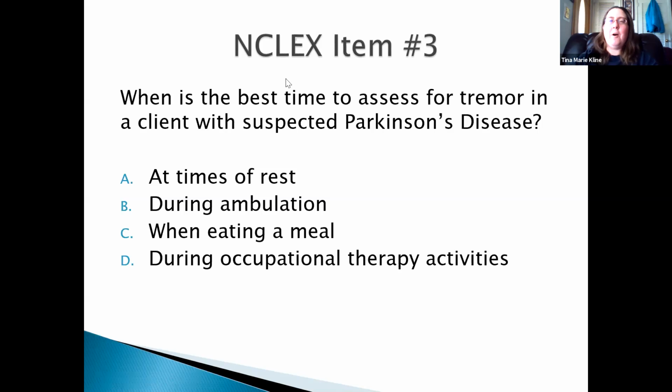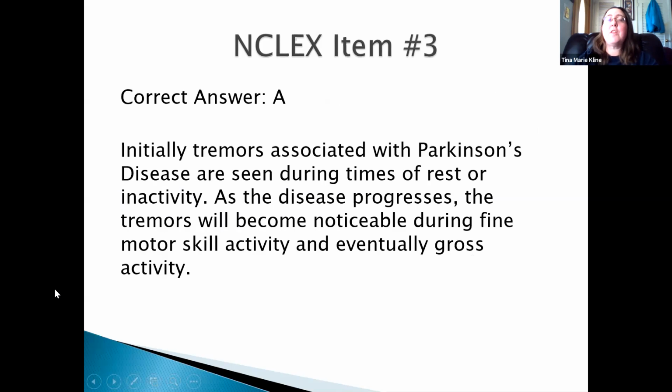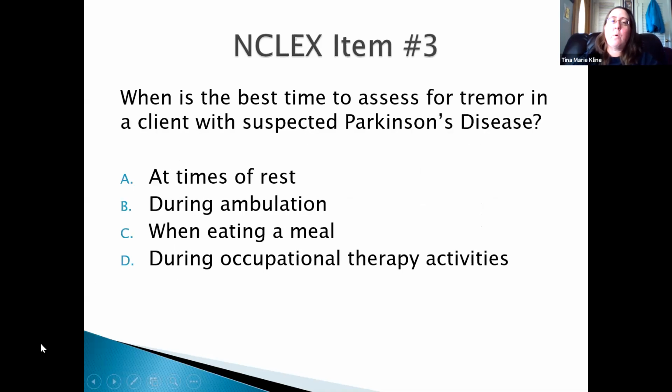Only a few brave souls are putting into the chat box. I see a lot of A's there. All right, so A is actually the correct answer. Initially, the tremors are going to be very mild, and they're going to be noticeable at times of rest, because when they're moving, they're so slight that you're not necessarily seeing them.